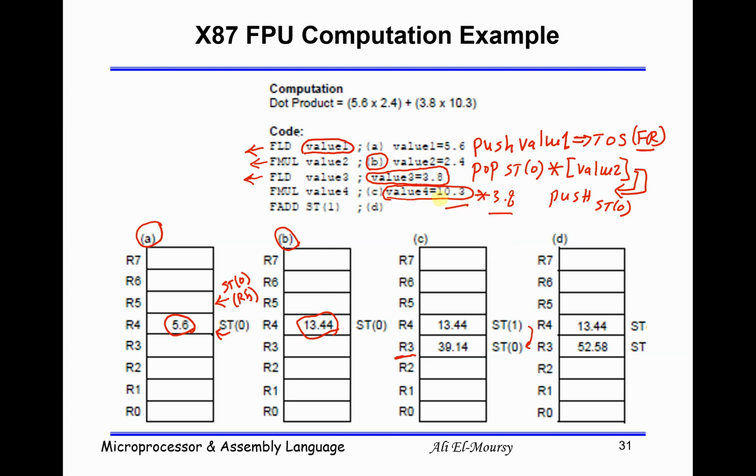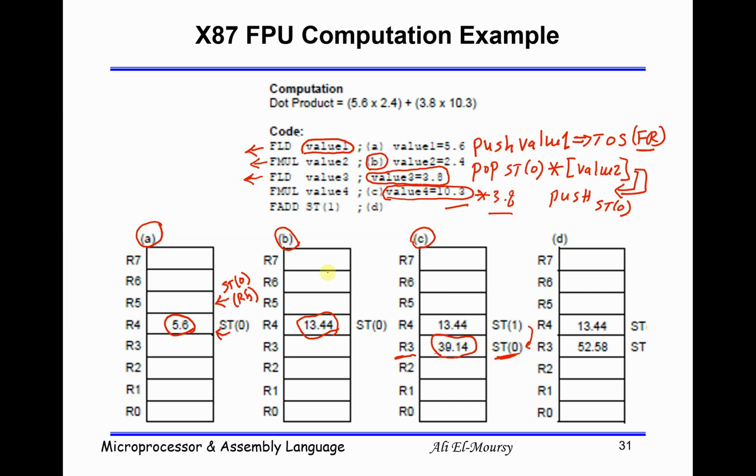So the result of multiplying 10.3 by 3.8, which is 39.14, will be stored at the top of the stack, which is ST0, at the end of part C. At the end of C, I will have the result of multiplying 3.8 by 10.3 stored in the top of my stack.